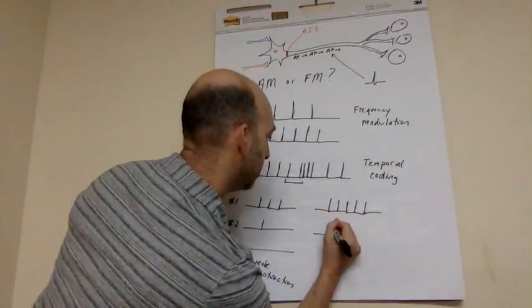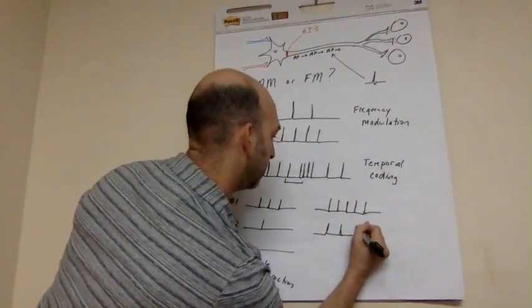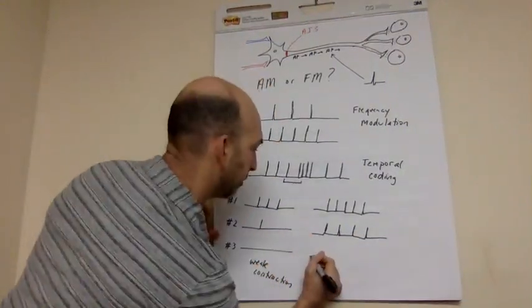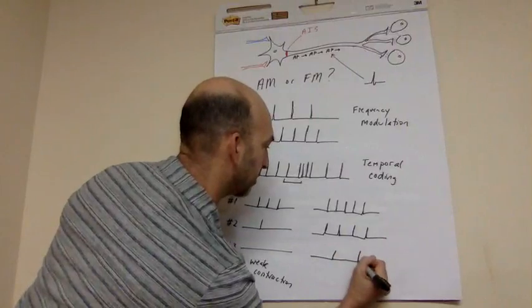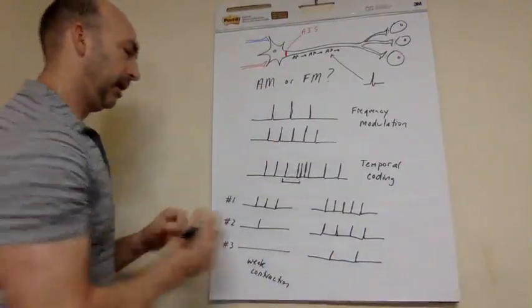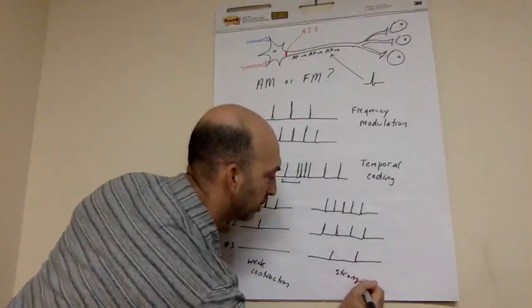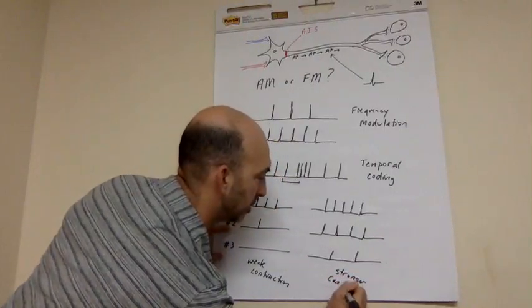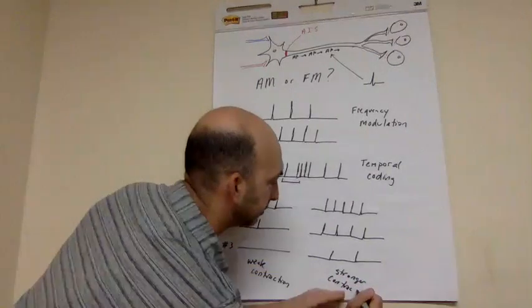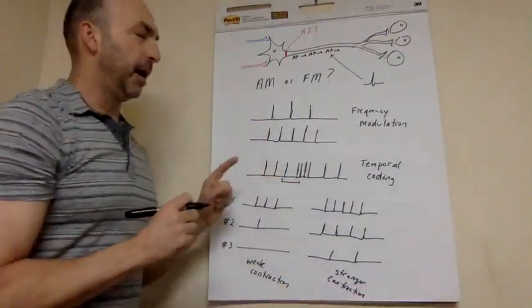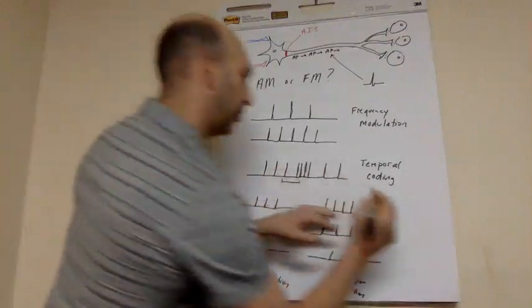The second one is now active more consistently. And let's say the third one is even throwing in an action potential here and there, right? And so this would be a strong or stronger contraction. Out of room down here. Okay, and again, that is what's called spatial coding.